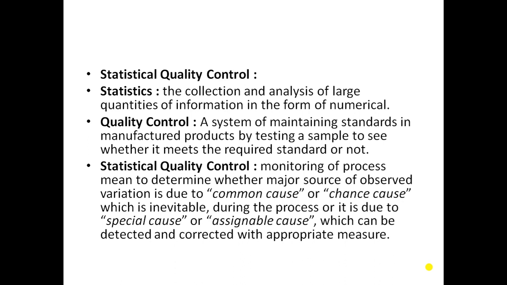Now statistical quality control monitors the process mean to determine whether the source of observed variation is due to common cause, also called chance cause, which is inevitable, or the inherent characteristic of the process or system, or it is due to special cause, also called assignable cause, which can be detected and corrected with appropriate measures.